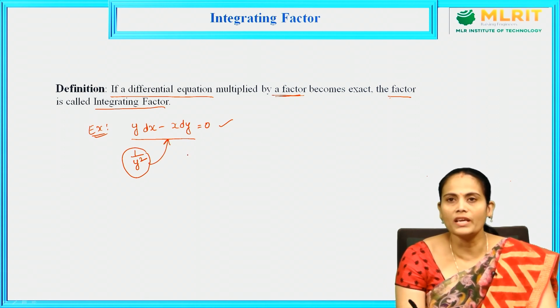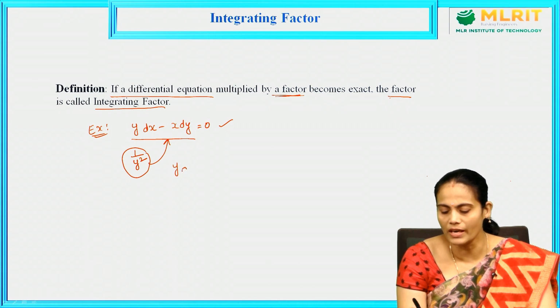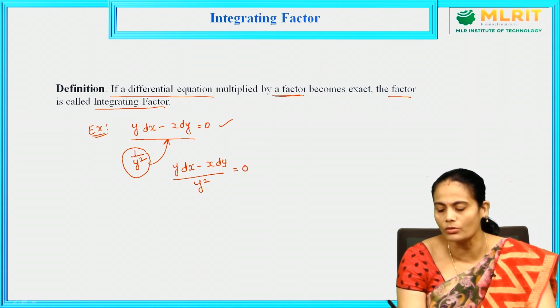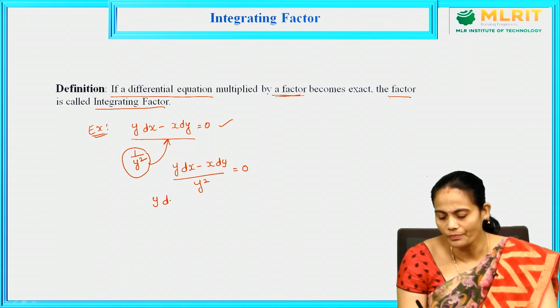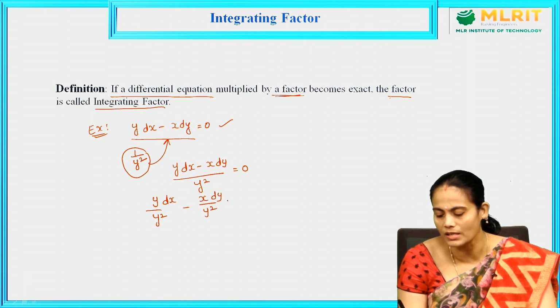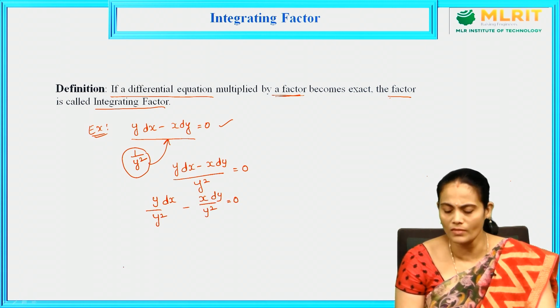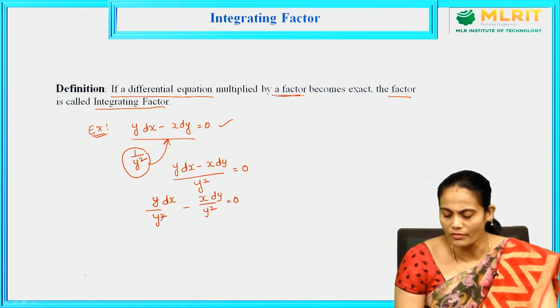By multiplying on both sides, we will get y dx minus x dy, whole divided by y square, is equal to 0. Now split these terms. y dx by y square minus x dy by y square is equal to 0. Now here one y is cancelled.